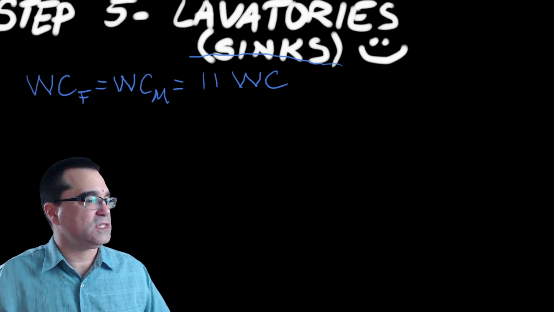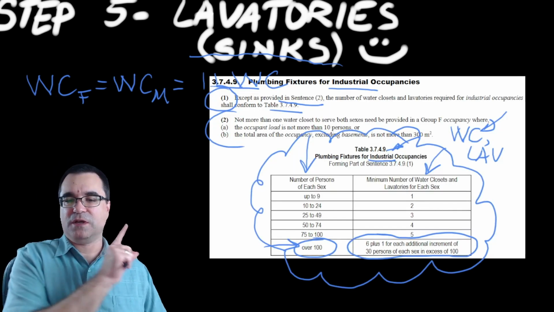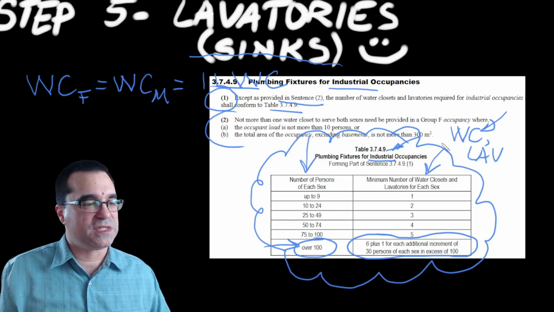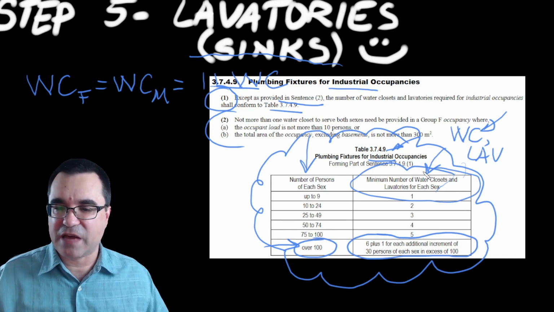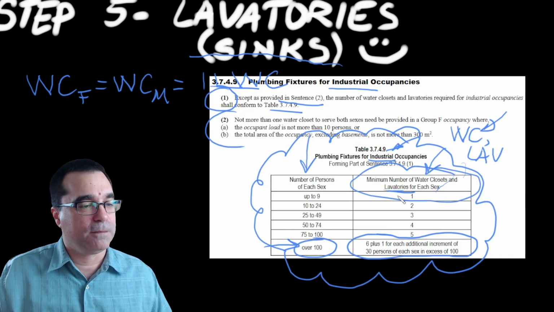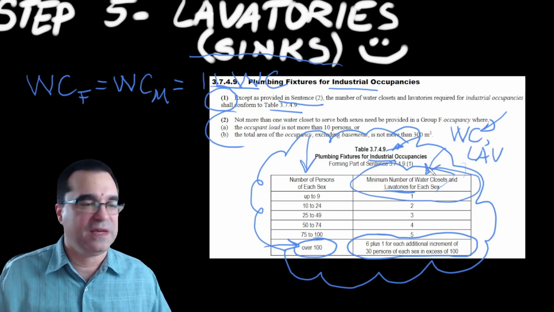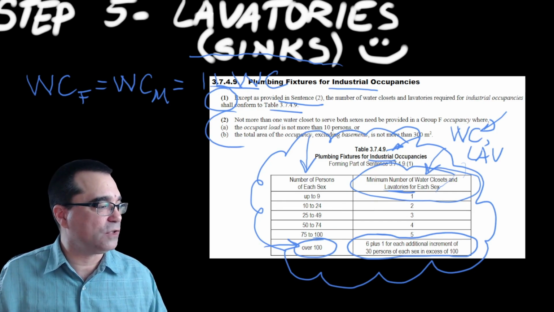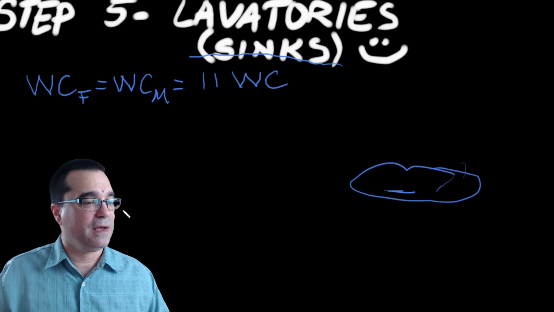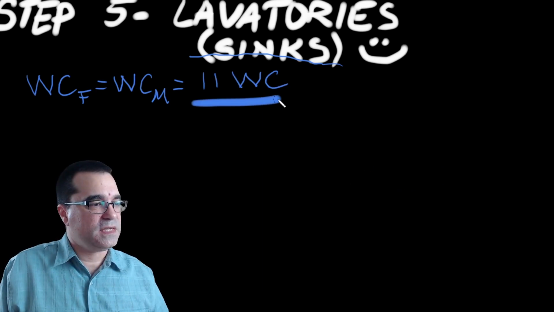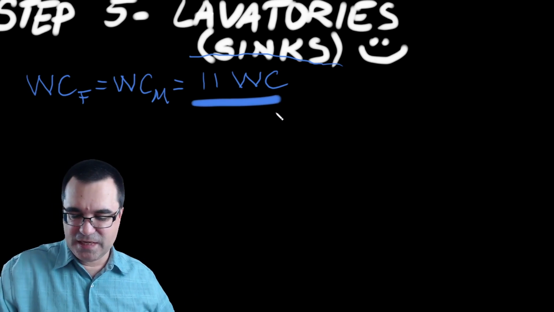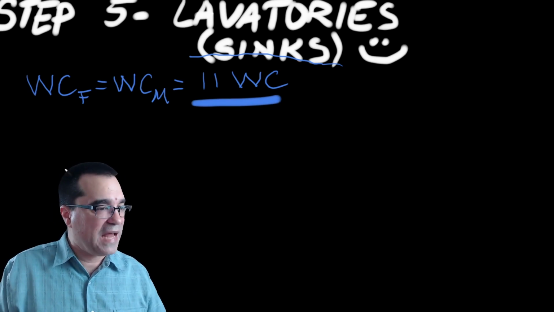So in our case, when I bring this up, this table here we were looking at, look at this. In here, it does have the number of lavatories right here. So it says basically that whatever number of water closets you find, it's the same number of lavatories, which is very convenient because in this specific case, that means that this number of water closets is also the number of lavatories.